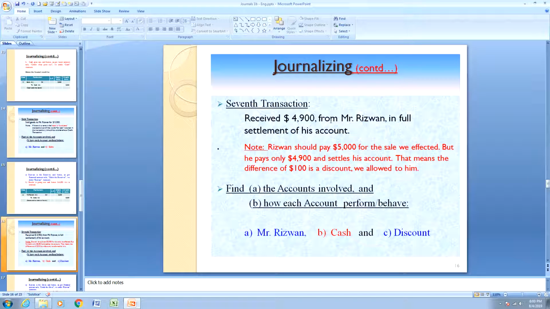Seventh transaction, received $4,900 from Mr. Rizwan in full settlement of his account. Note, Rizwan should pay $5,000 for the sales we effected, but he pays only $4,900 and settles his account. That means the difference of $100 is a discount we allowed to him. Therefore, the accounts involved here are Mr. Rizwan, cash and discount.